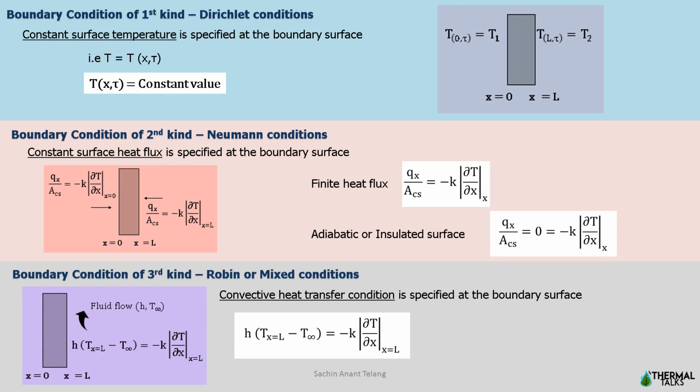So it is very important to have these values in the problem statement. Then only will we be able to solve the problem. We will understand these boundary conditions better in future videos when I solve numericals. When I solve numericals, I will remind you of the boundary conditions used in these problems.